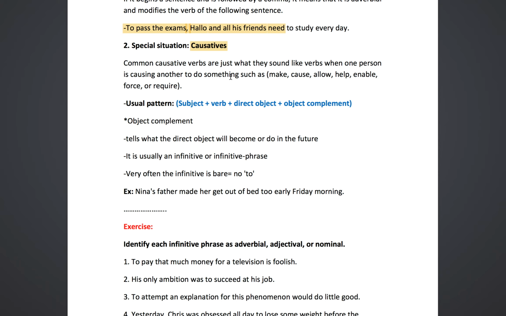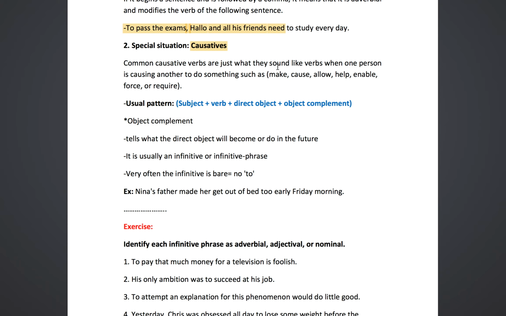Common causative verbs are just what they sound like: verbs used when one person is causing another to do something, such as make, cause, allow, help, enable, force, or require. When a person does something and we describe it in a sentence, we have to have a subject and a main verb.